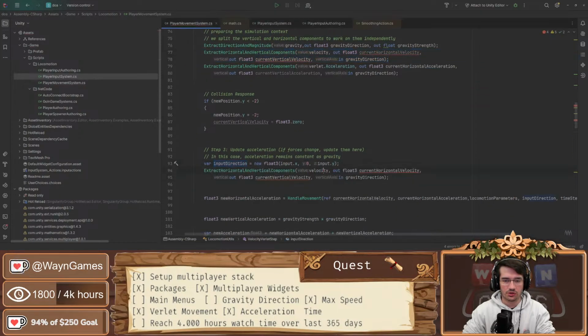And here I'm projecting the input direction. Will that work? Because if I do that, y will not remain 0.